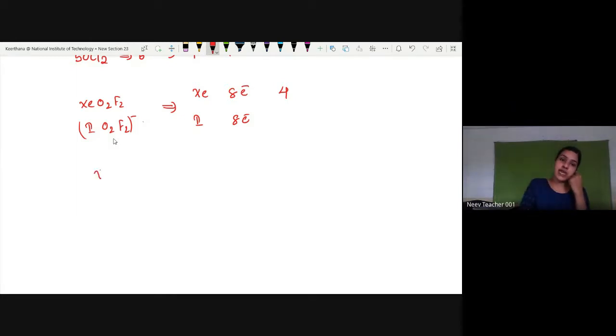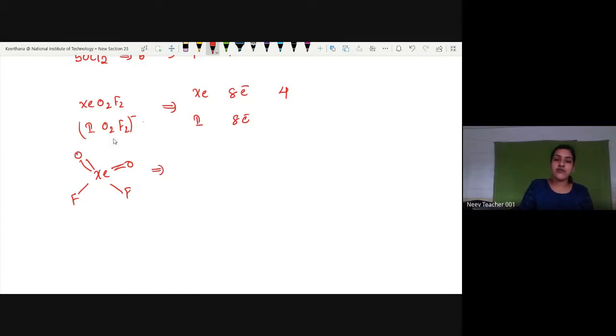This is not the correct structure, so let's check it. What will be the shape? So Xe double bond O, double bond O.